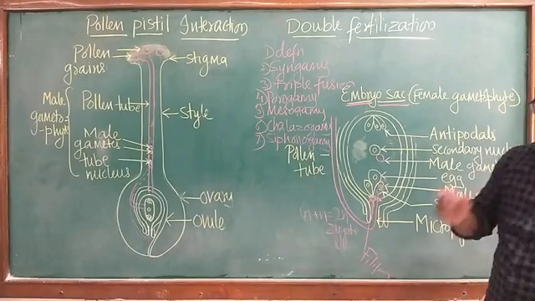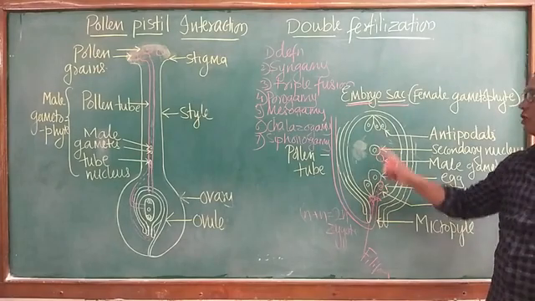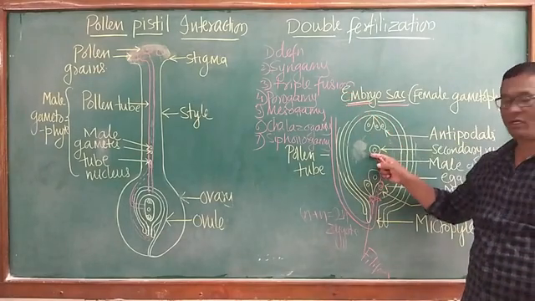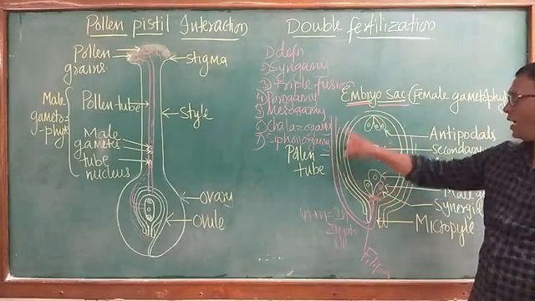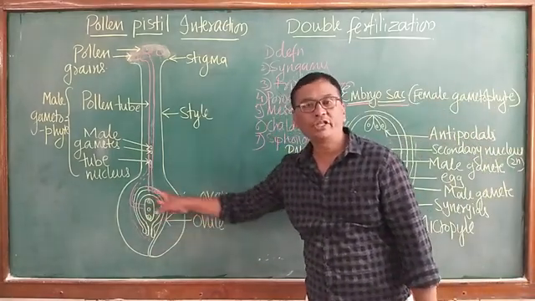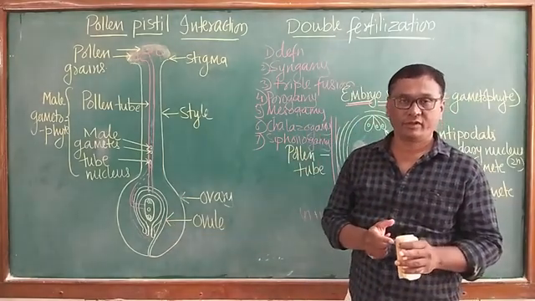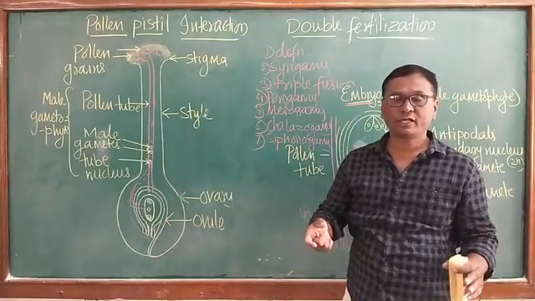So, with the formation of the embryo from the zygote and the endosperm from triple fusion, the entire ovule slowly changes into a seed. Single ovule, single seed.